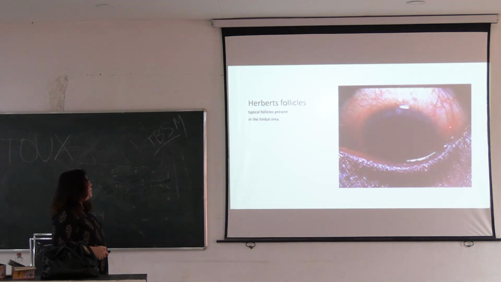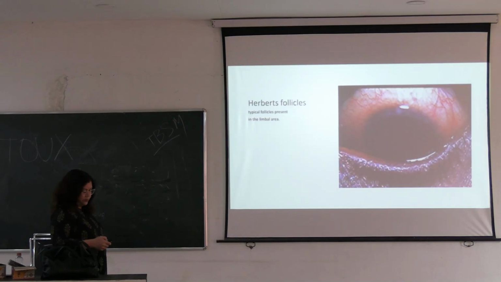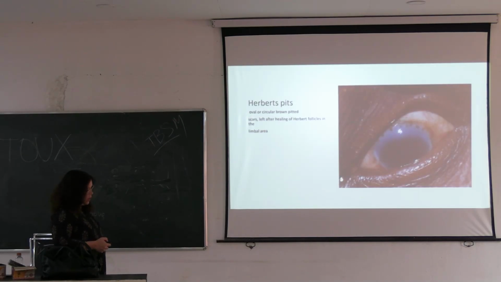Follicles present at the limbus are called Herbert's follicles. And these black dot-like spots, oval, circular and brown, these are the healed stage of the Herbert's follicle, that is called Herbert's pits. They are present in the limbus area.